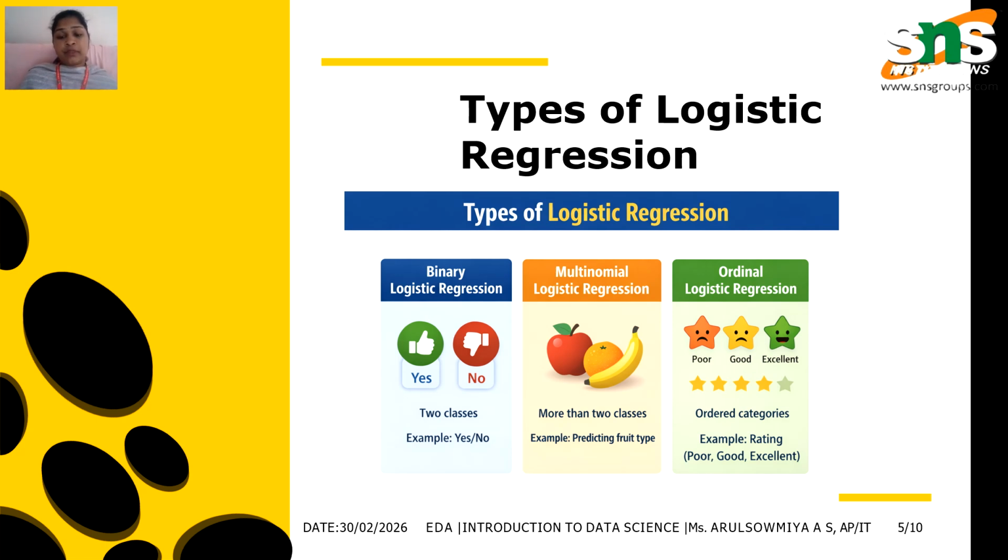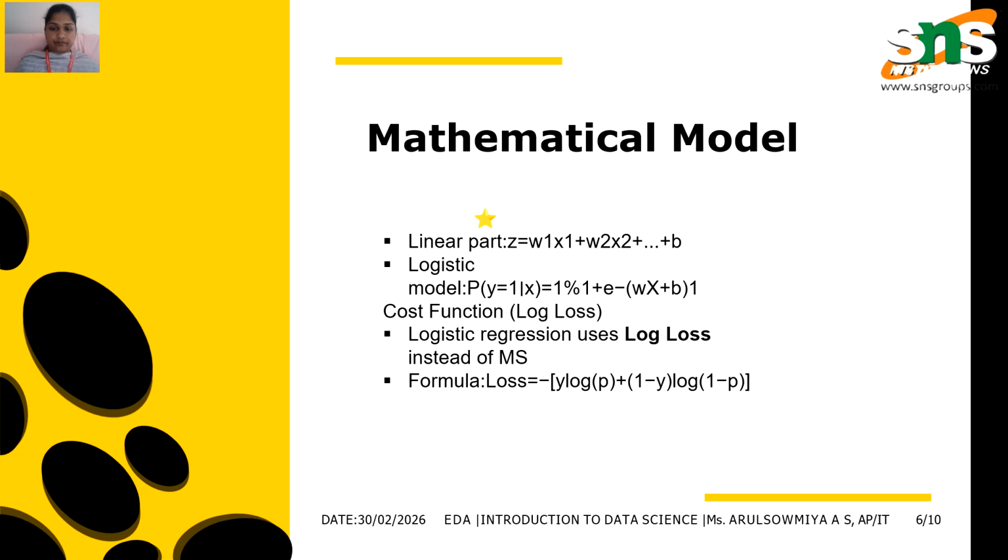In ordinal logistic regression, we get ordered categories, like ratings on any platform or food reviews. There may be poor, good, excellent. There are three classes mentioned here.